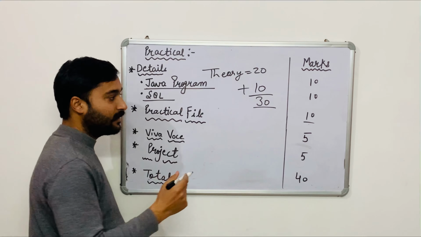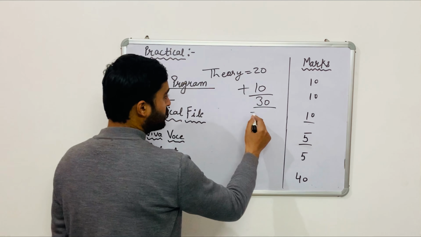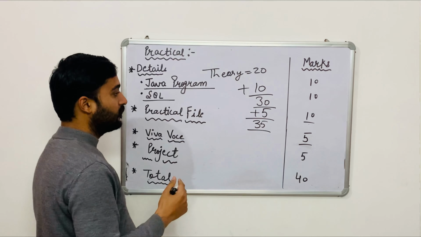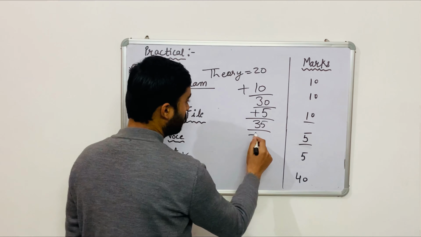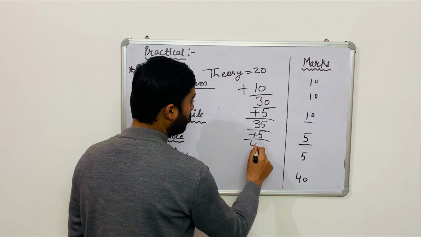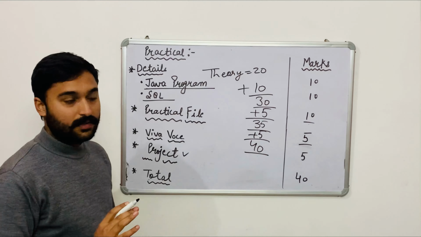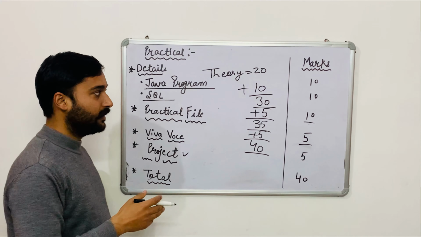Then 5 marks is coming from your Viva, so plus 5, it will become 35 now. The last 5 marks are coming from your project file which you have made. So total your IT practical is of 40 marks. Done. So by this way your 40 marks of IT is coming.